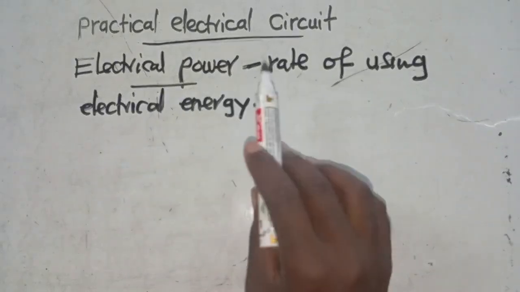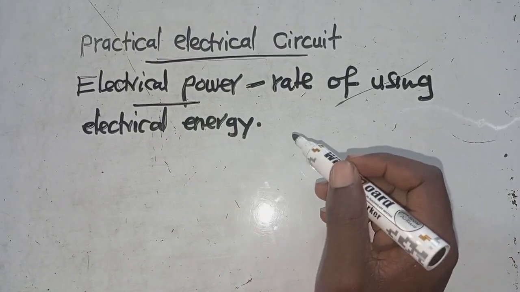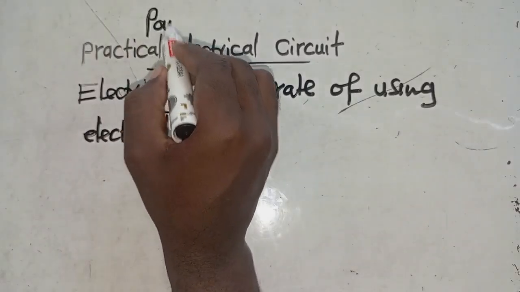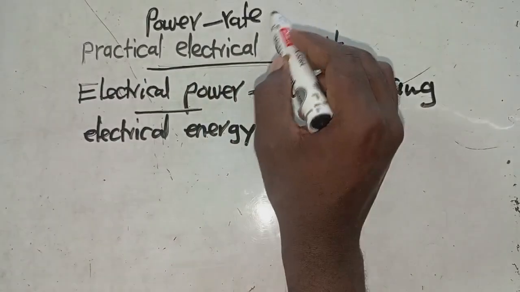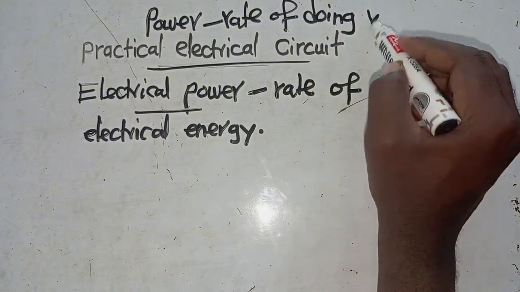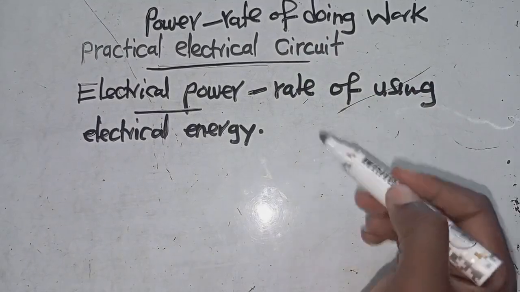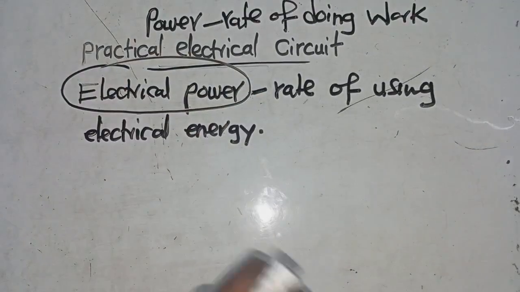So we are not talking about that power where, if a question comes, what is power, you tell me it is the rate of doing work. But here I've introduced another word, which is electrical power.